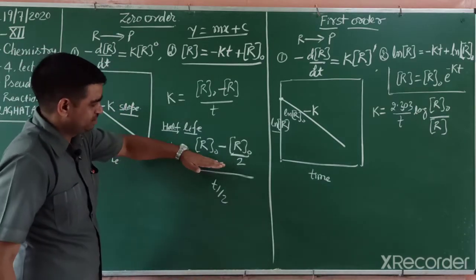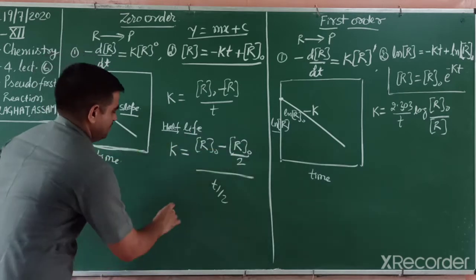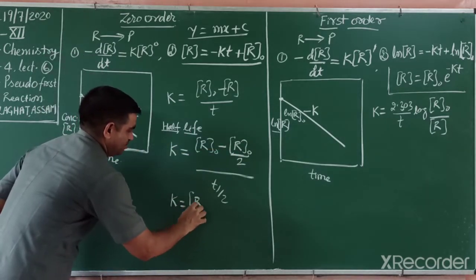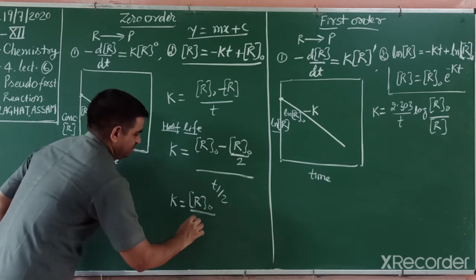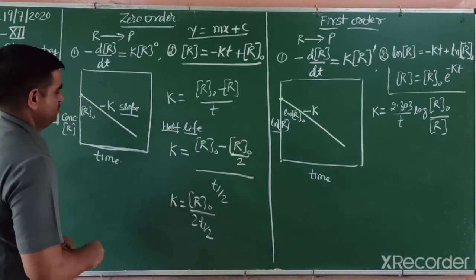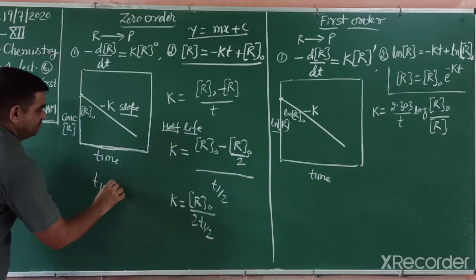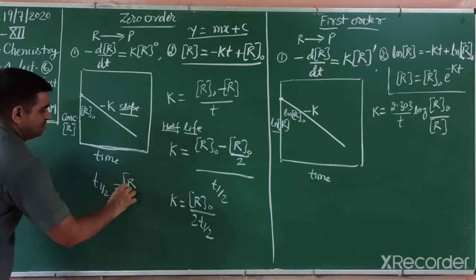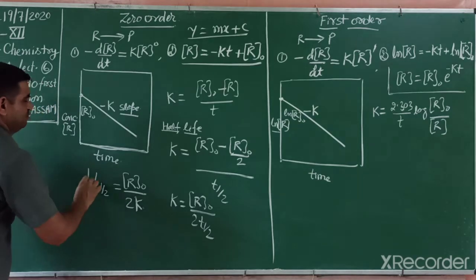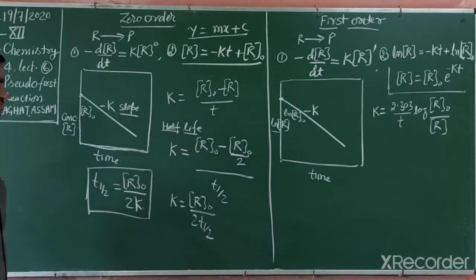When we solve this, taking the LCM and solving further, K is equal to R naught divided by 2T half. Or we can write T half is equal to R naught divided by 2K. So this is for the zero order reaction.